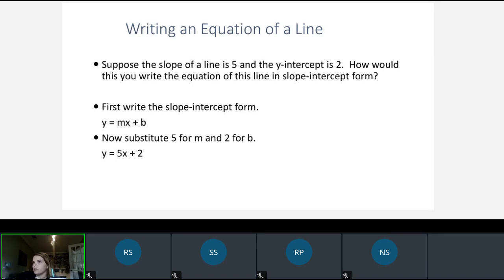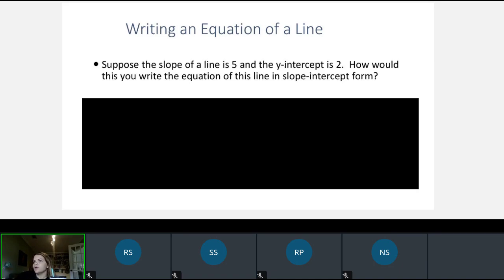All right, so now I'm going to give you a problem. Suppose the slope of a line is 5. The y-intercept is 2. How would you write the equation of this line in slope-intercept form? Well, first of all, what is slope-intercept form? It's y equals mx plus b.